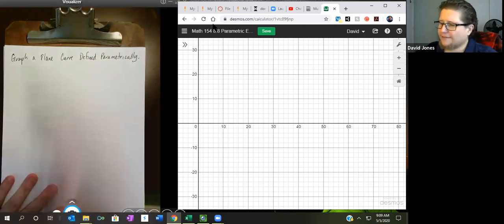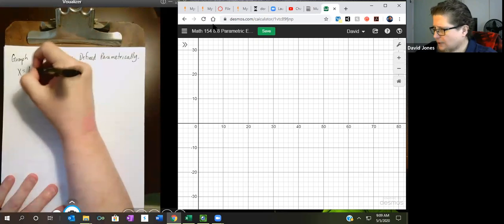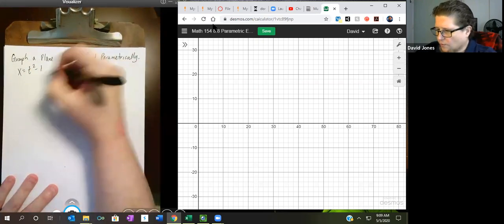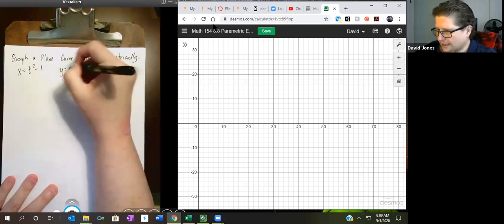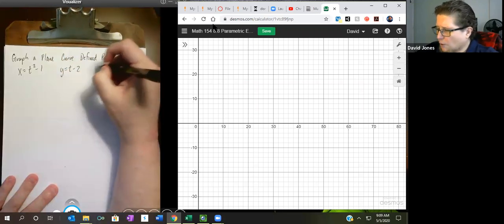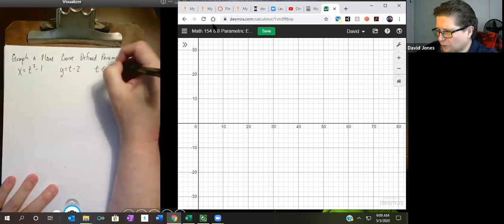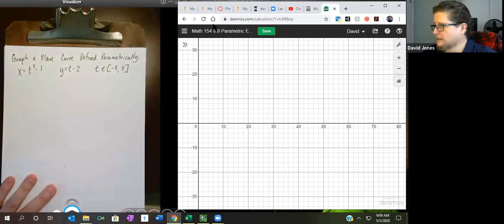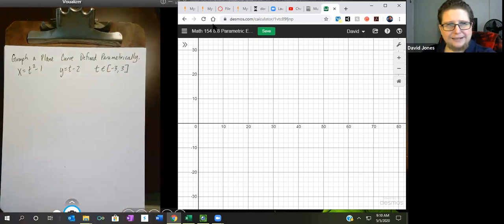We have x equals t squared minus 1, y equals t minus 2, and we're going to have t be in the interval -3 to 3. I actually take it a lot bigger on DESMOS, because it's easier to see a bigger thing over time. But for now, let's take a look at it.